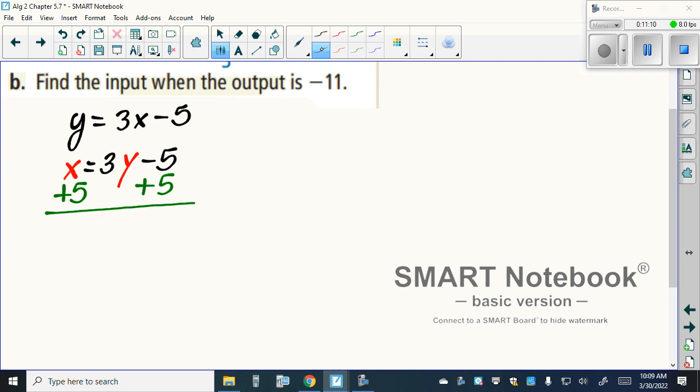And what this would tell us is that x plus 5 is equal to 3y. Now what do we do? Divide by 3. Okay.